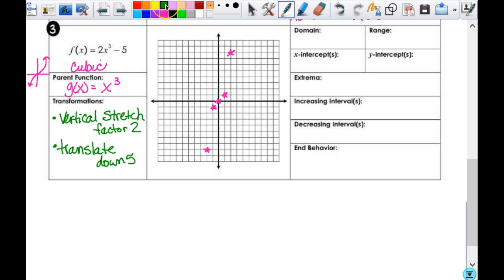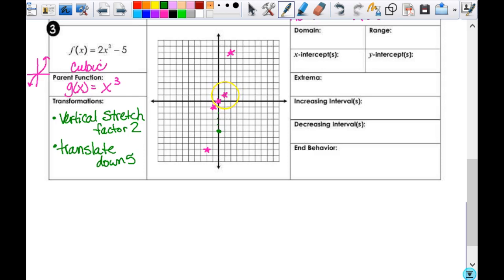So I'm going to start with 0. Vertical stretch factor of 2, 0. Translate down 5, so 1, 2, 3, 4, 5. There's my point. I might get a 1. Stretched by a factor of 2, so the y gets multiplied by 2.